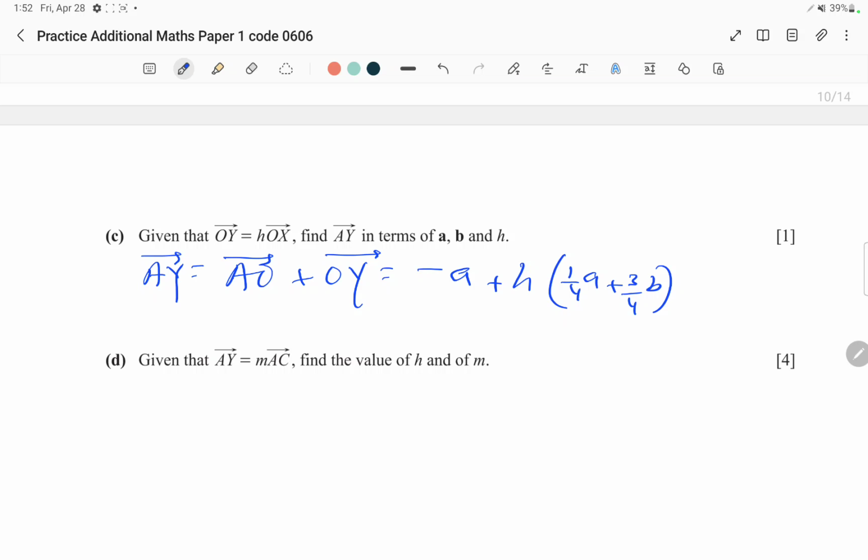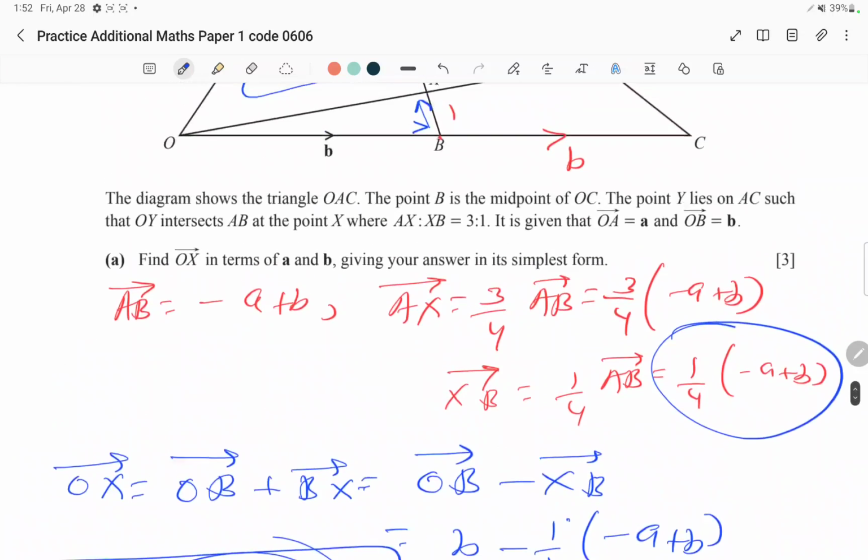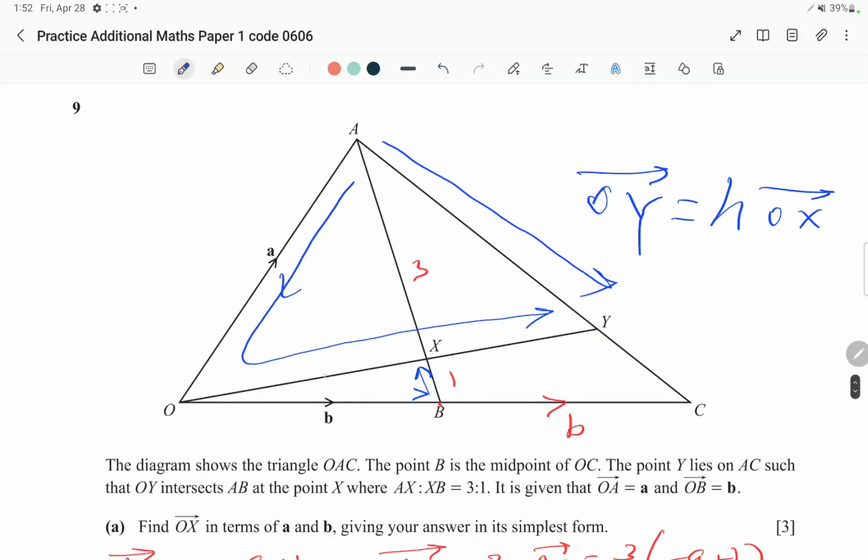So I think this is for 1 mark. We can leave our answer over here. Now given that AY is M times AC. Now again remove all these.